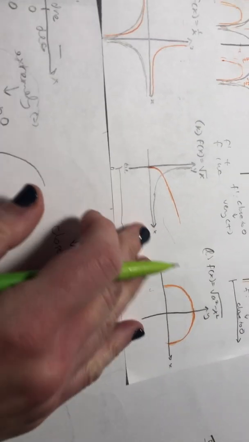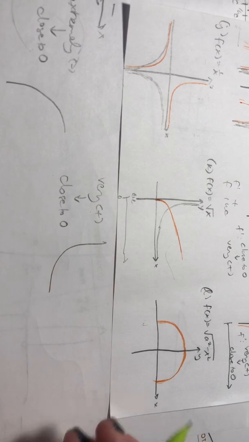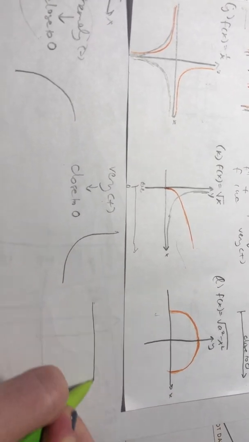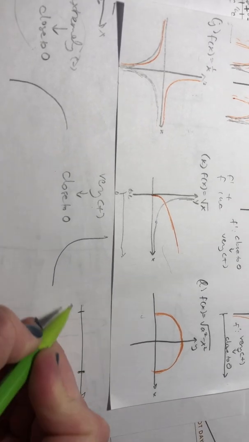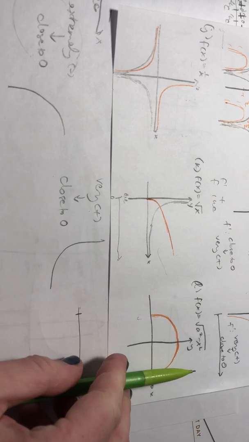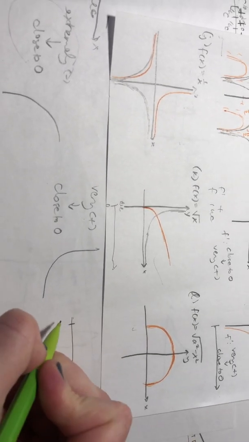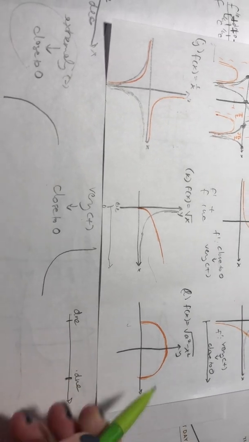Okay. And finally, my semicircle. So for my semicircle, we talked about, do my same chart down here again. At the ends of the semicircle, okay, I have vertical tangents, right? So my derivative is not going to exist there. So my derivative is gonna DNE or UND, whatever you want to call it.